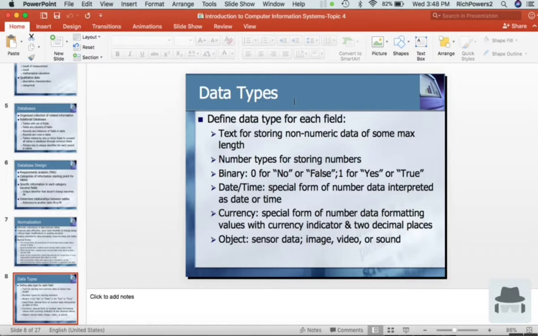If a field is defined as characters, it would be alphanumeric, because you could have either a letter or a number in it. A field could be defined as only having dates, times, or currency. So each column can only have a certain type of data in it, and that's all part and parcel of the design.